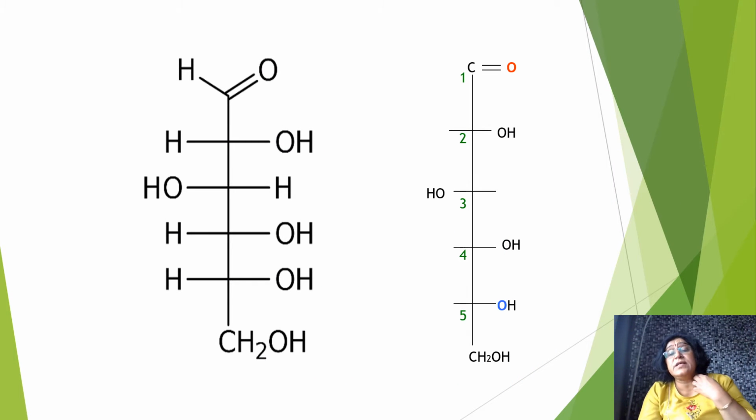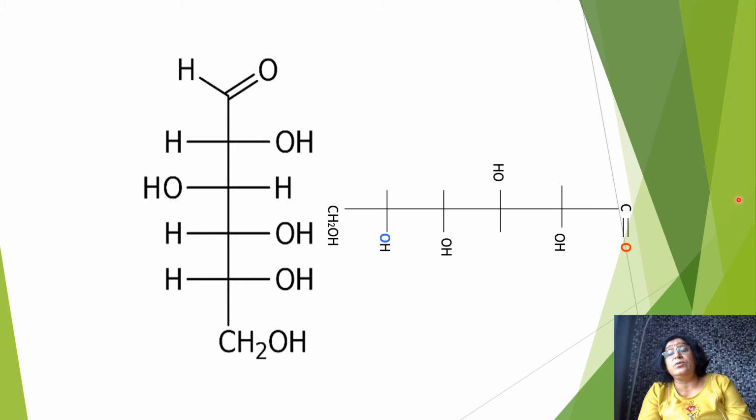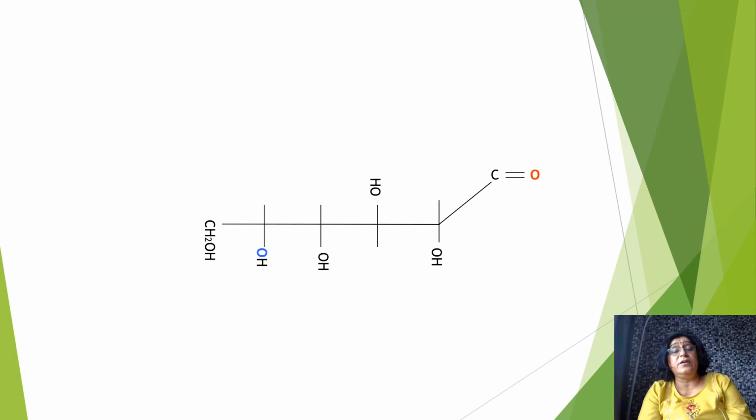So let's see how the open chain structure gets converted to the ring structure. Whatever atoms are on the left hand side come on the top, and whatever is on the right hand side goes at the bottom. So let's see how this is getting converted.